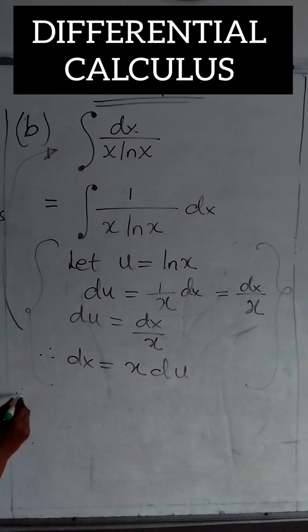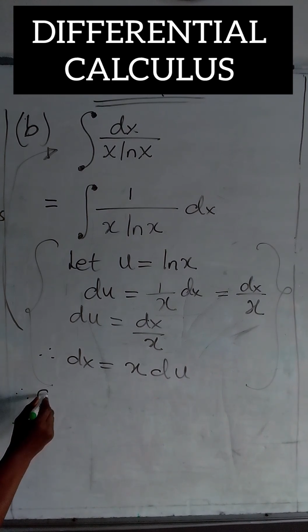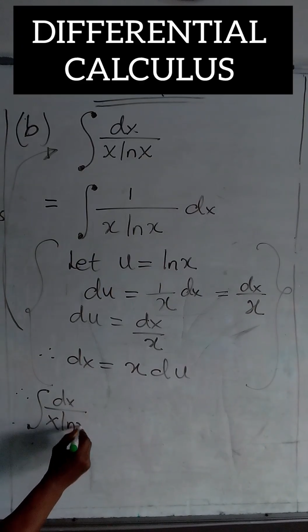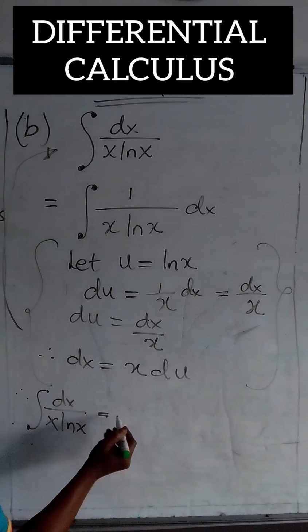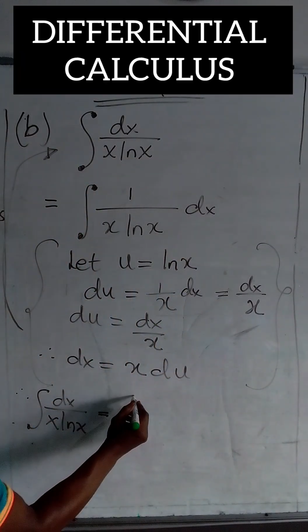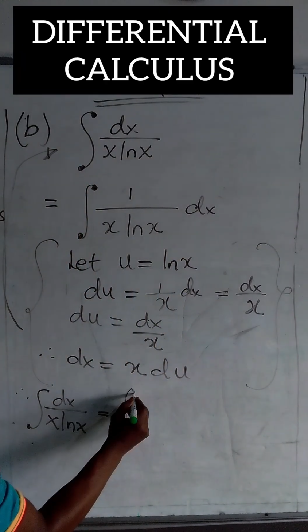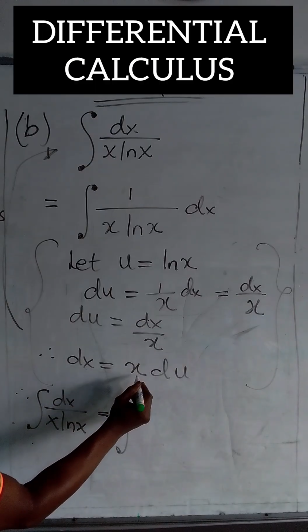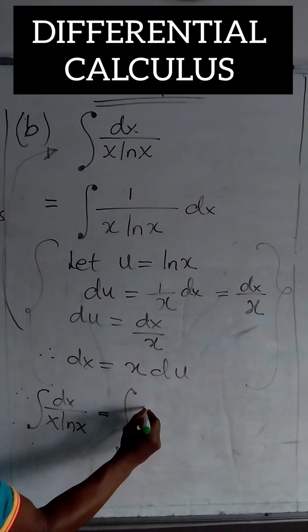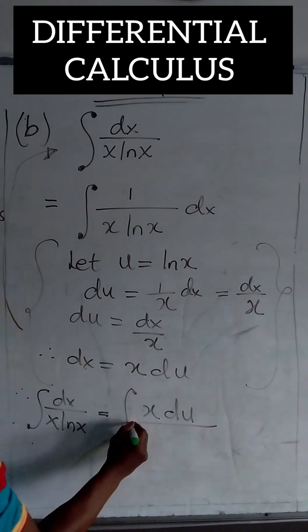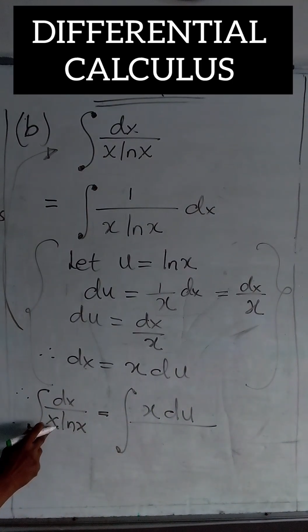The problem that was given, this over x ln x, will be what? We are substituting all these ingredients into the main function. So that's going to be the integral. Remember, we have the value of dx to be x du. So you put it back there, x du over x.